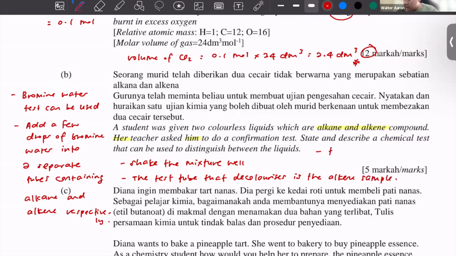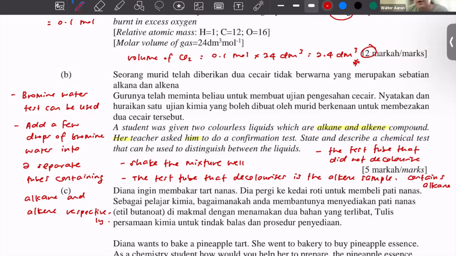Then you explain that the test tube that did not decolorize contains alkane. There you go. So this is just to explain to you how it works. 5 marks, so 5 different points that I put there. Okay, so you say describe the answer. So I think it's the easiest one.